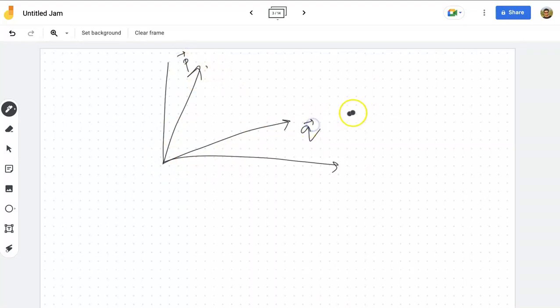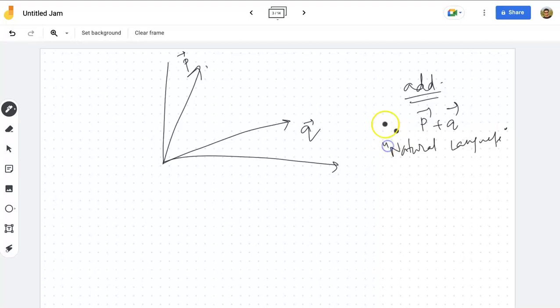Now they are asking what is the addition of these, so basically P plus Q, natural plus language. What is the parallelogram rule? You just need to draw the parallelogram. If this is one of the vectors, draw the parallel, same vector here.